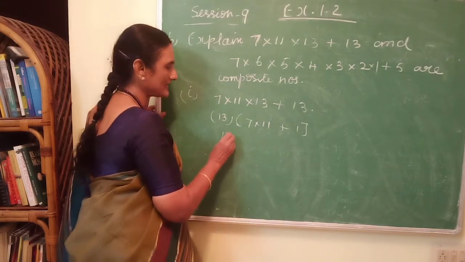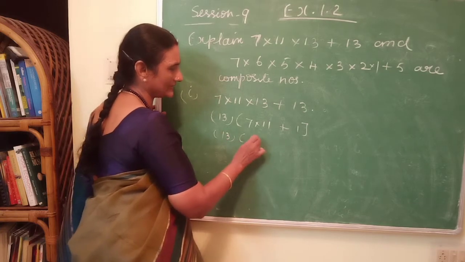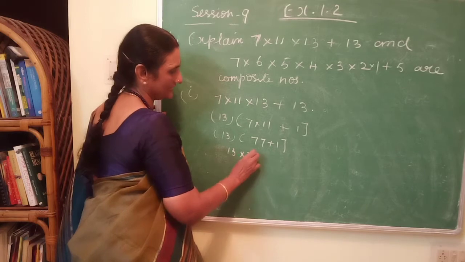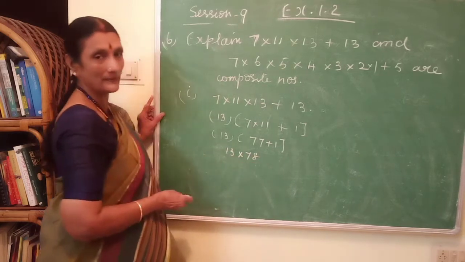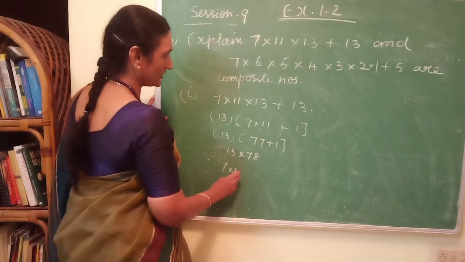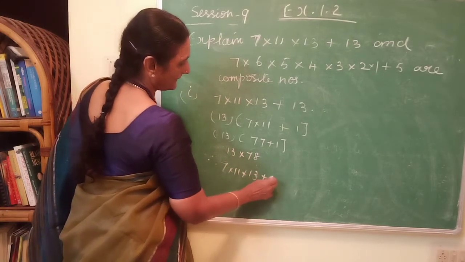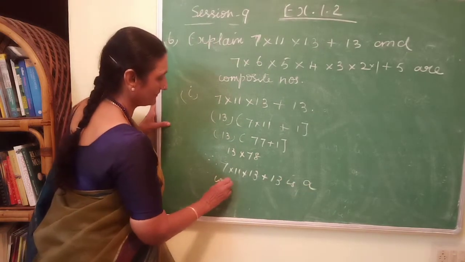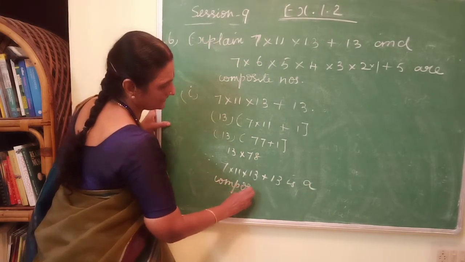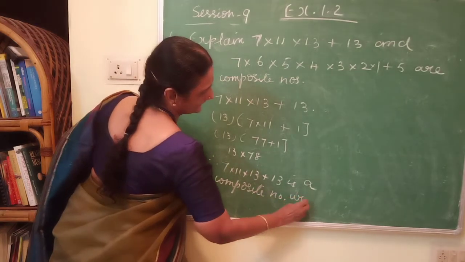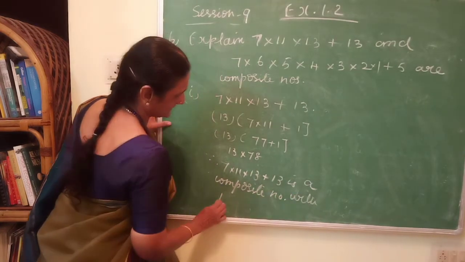Or in other words, if you want to be convinced, it is 77 plus 1, that is 13 into 78. Therefore, the given number is a multiple of 13. Therefore, 7 into 11 into 13 plus 13 is a composite number with 13 as a factor. You have to conclude like that.